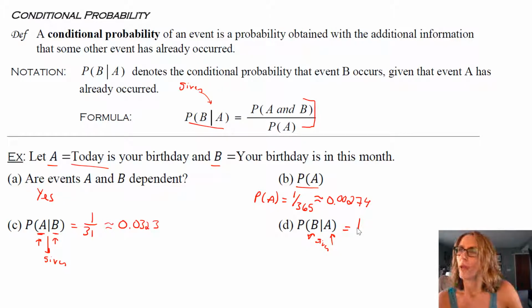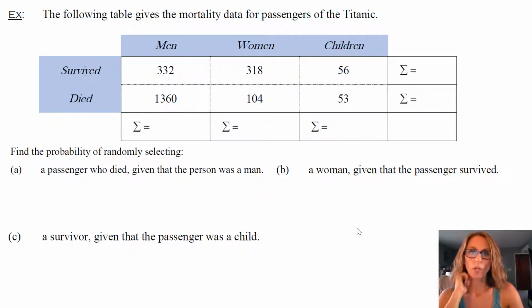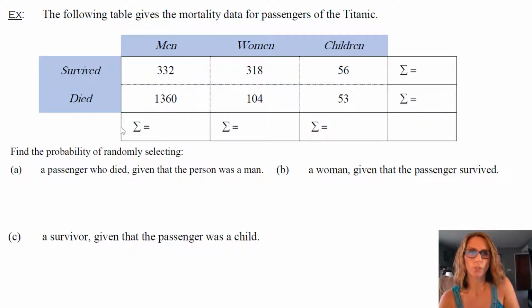Okay. And let's look at a couple tables. So we're talking about passengers of the Titanic. This is not just a movie starring Leonardo DiCaprio. It's an actual event that occurred in the world. So what you can do if you want is pause and sum all the values in the table.